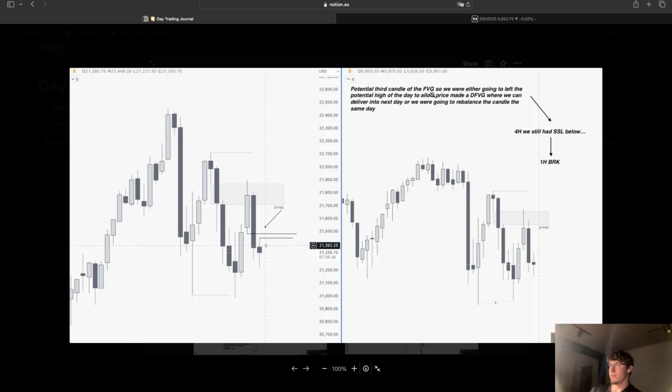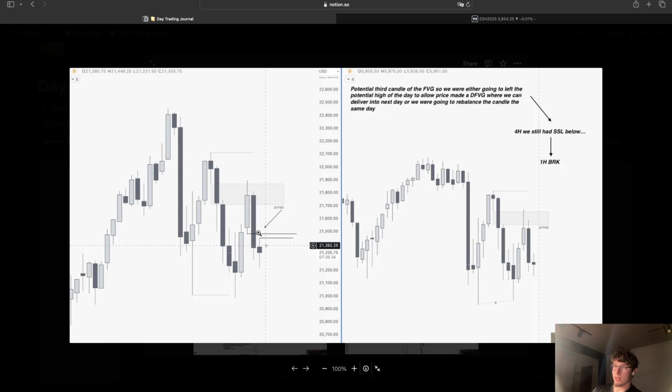So, potential third candle of the FVG. We were either going to leave the potential high of the day, like this high here, to allow price to make a daily FVG where we can deliver into next day, or we will rebalance this candle the same day. So right now we have two scenarios.